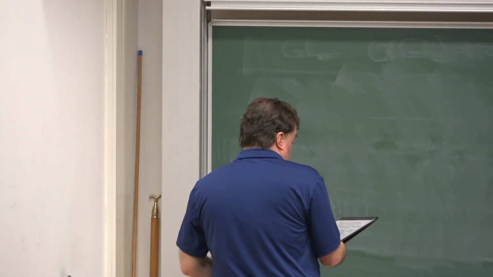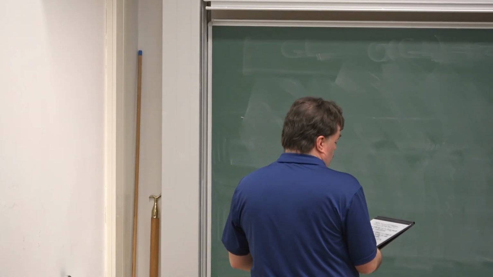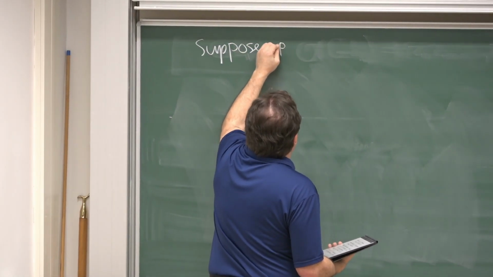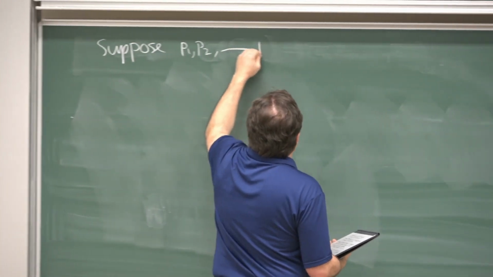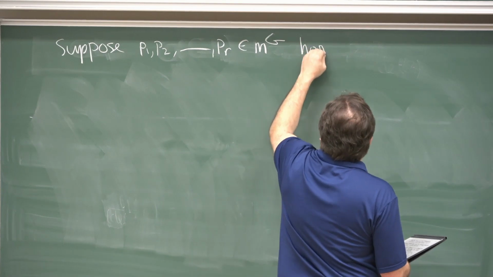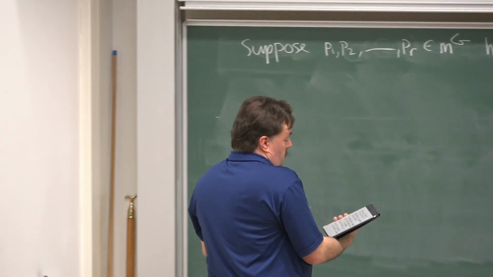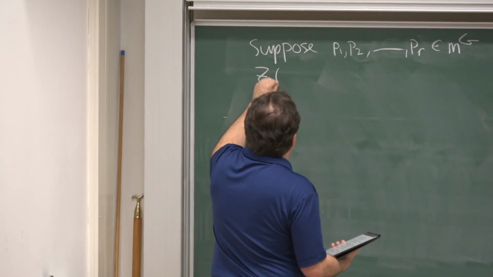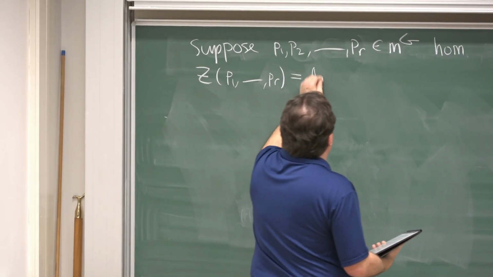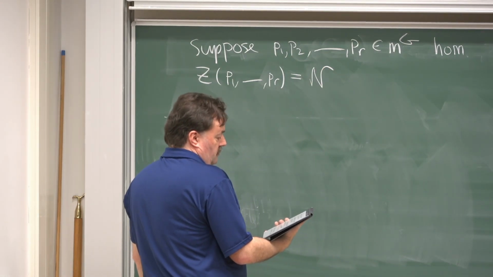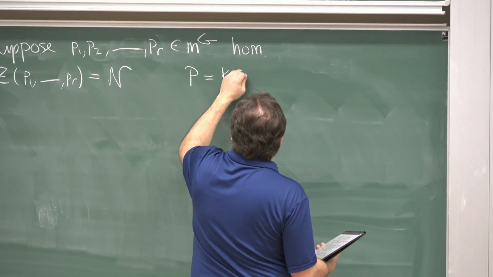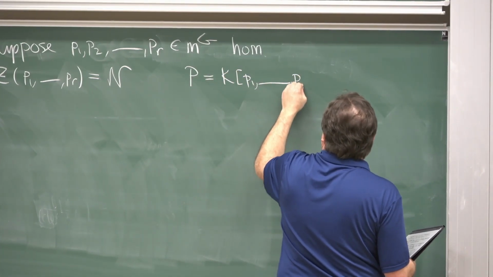So some things Hilbert proved: okay, suppose we have P1, P2 up to PR, which are invariants, let's say homogeneous. And suppose the zero set of these polynomials, or the ideal generated by these polynomials, is the null cone. And let P be the ring generated by P1 up to PR.